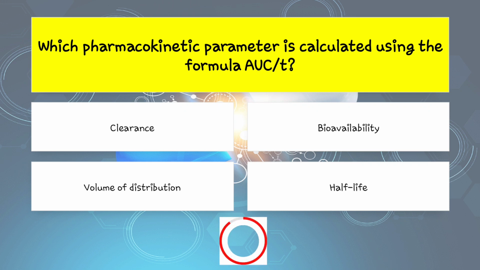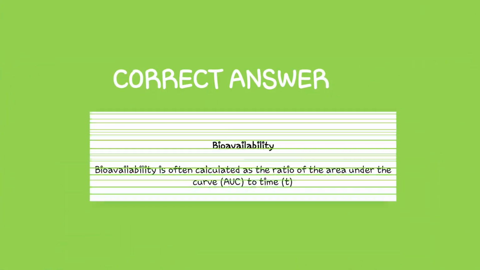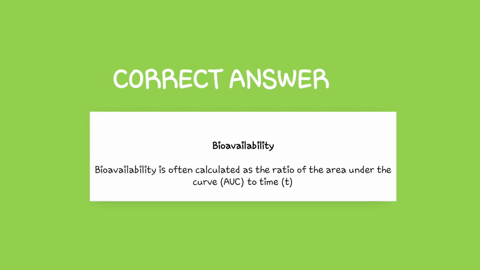Your time begins. Stop. The correct answer for this question is bioavailability. So bioavailability is often calculated as a ratio of area under the curve, that is AUC, to time.